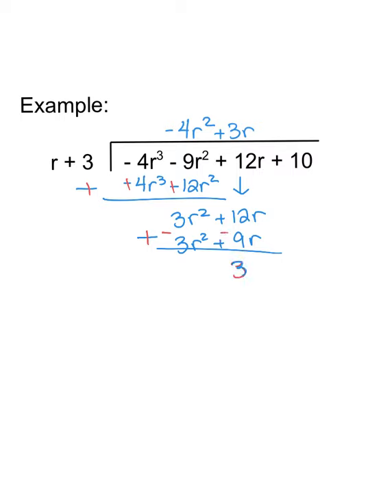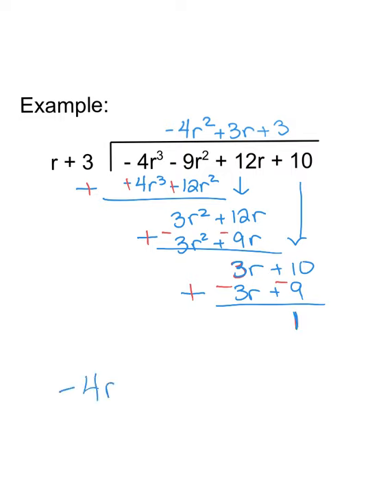Oops. Carry down. Subtract. My remainder here is 1. So again, my answer is negative 4r squared plus 3r plus 3. This is my remainder, so plus 1 over what I was dividing.